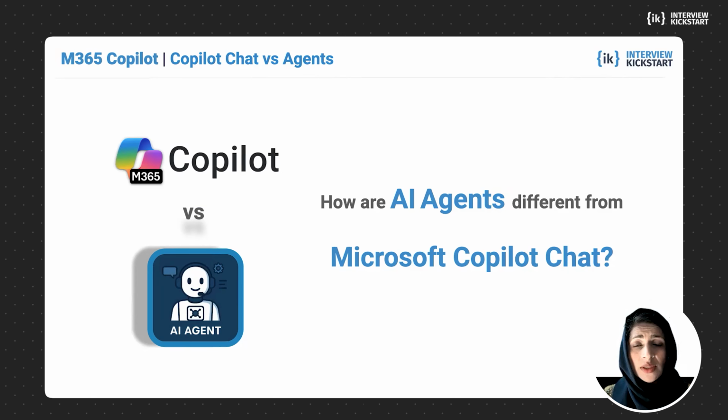This distinction is crucial as we move towards more autonomous and intelligent digital assistants. So hopefully you got some idea that Copilot chat is for handling individual tasks and not very proactive. On the other hand, agents are proactive and can manage multiple tasks.